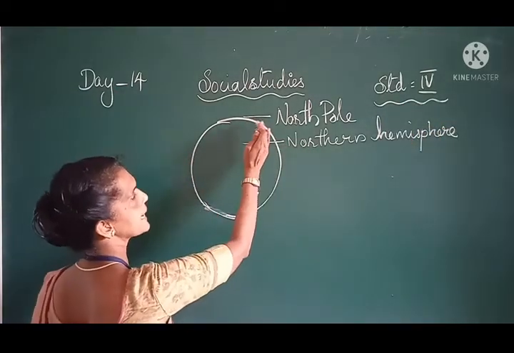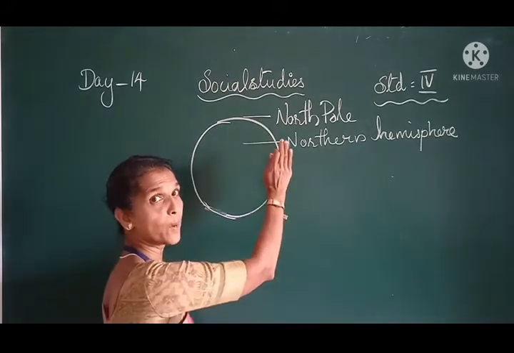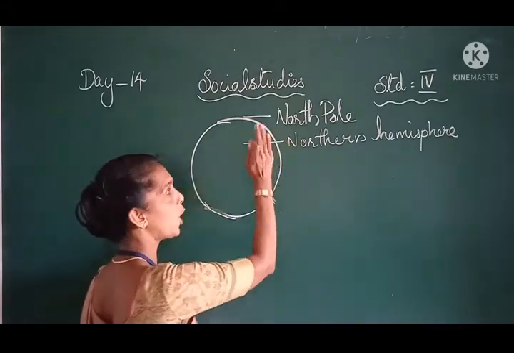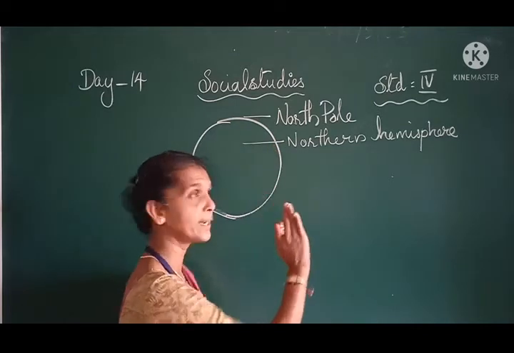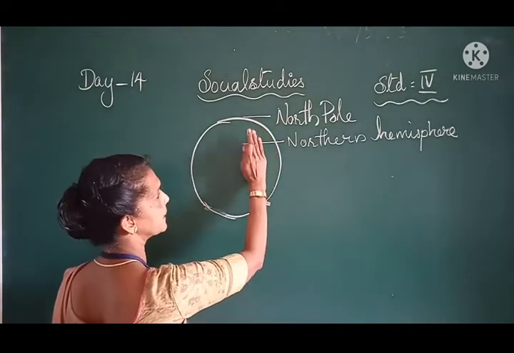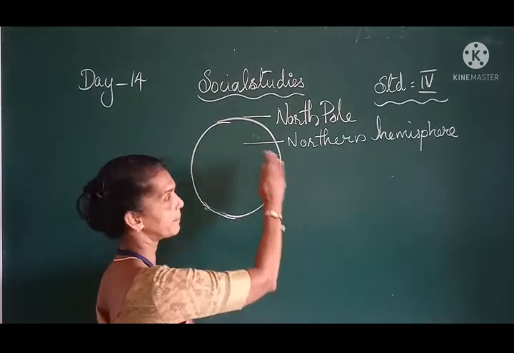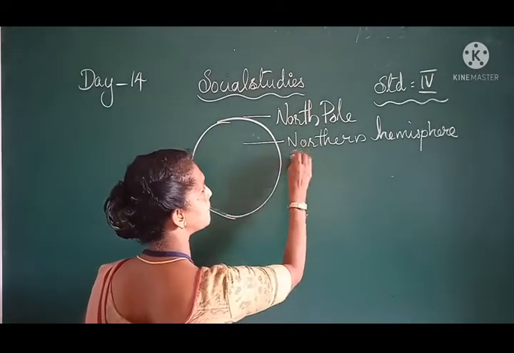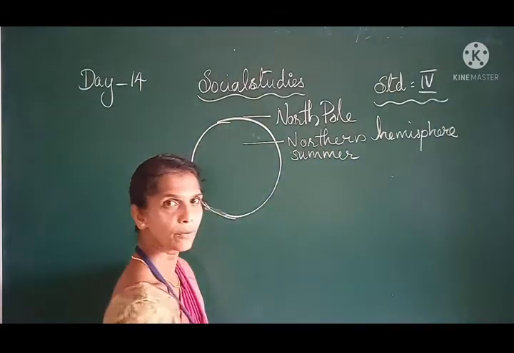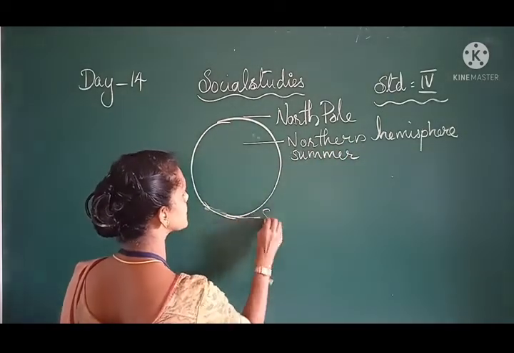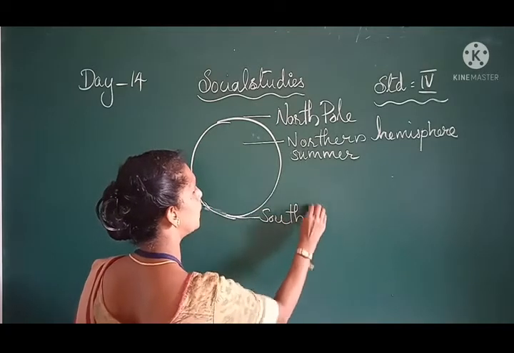So when the north pole is towards the sun, or nearest to the sun, here is summer in the northern hemisphere, the heat will be more there. Okay, and see, this is the south pole.